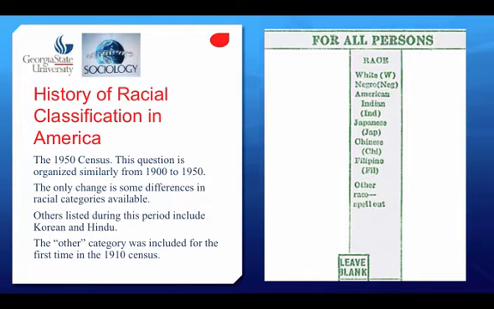What's interesting about this 1950s census is it's the first time that an other category was included since 1910. So this is allowing people to choose a race that is not on the list and spell that out.